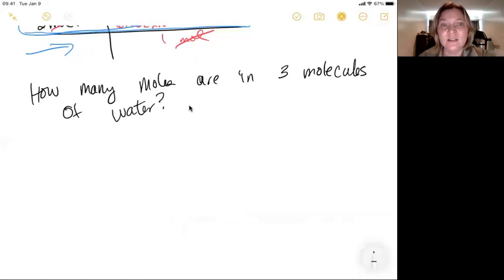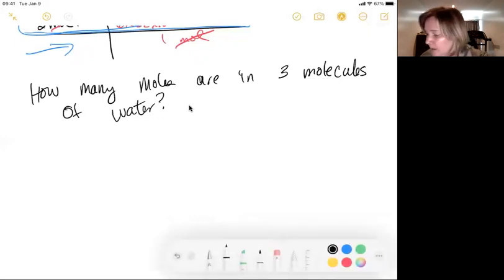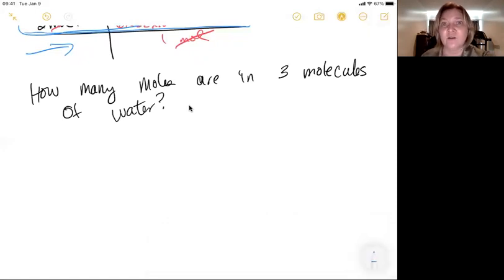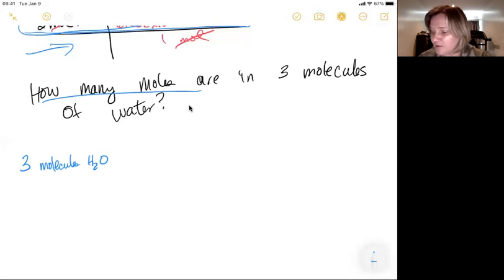Okay, so again, you want to first identify what data you're given in the question, the number and the unit. And you probably want to practice identifying the substance as well, because later on we will change substances. So you want to have the qualifier for like the 3 molecules of what? So on the left hand side, 3 molecules of water, and identify the unit that you're being asked to convert that into: how many moles. So moles of water goes on the right hand side.